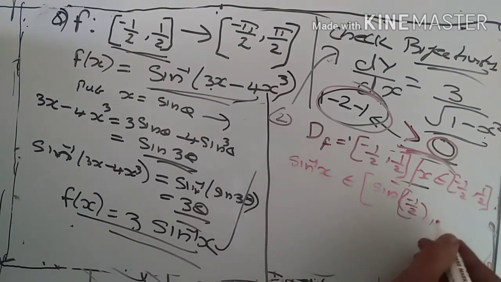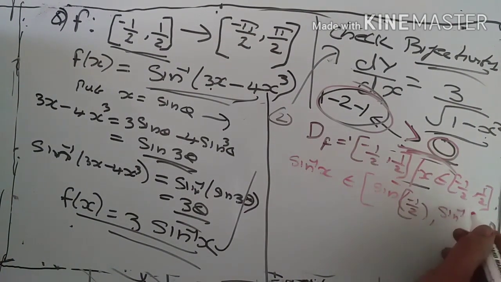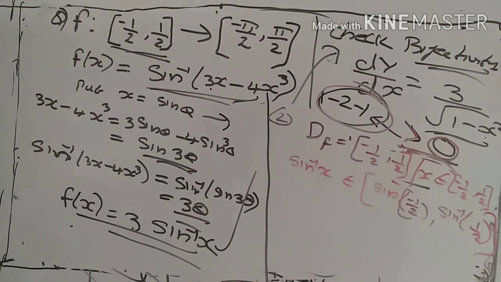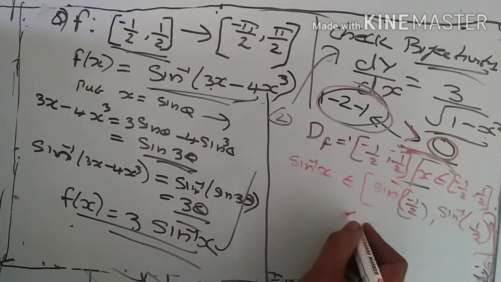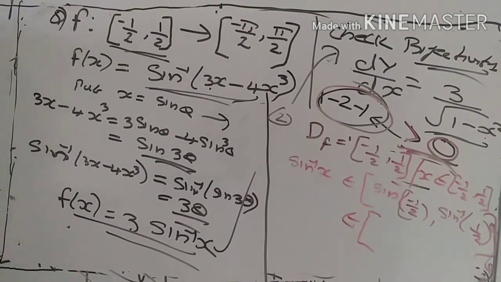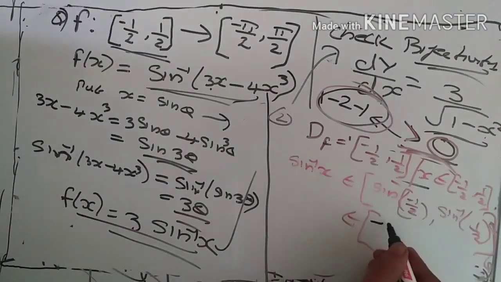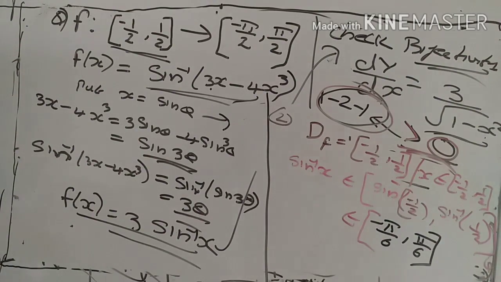Sine inverse of minus 1 by 2 is minus pi by 6, and sine inverse of 1 by 2 is pi by 6.